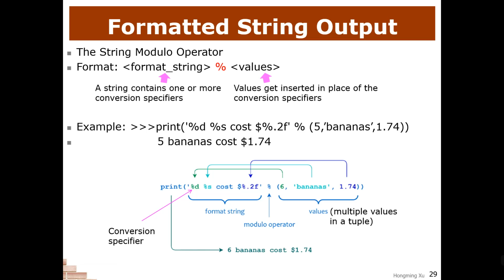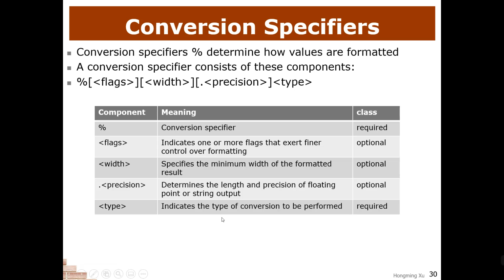We want to insert them into the string. The first part we should notice and learn is how we can format the string. There are different conversion specifiers that are used for formatting the string. A common conversion specifier may include these components. The first one, definitely, is the conversion specifier, the modular operator.